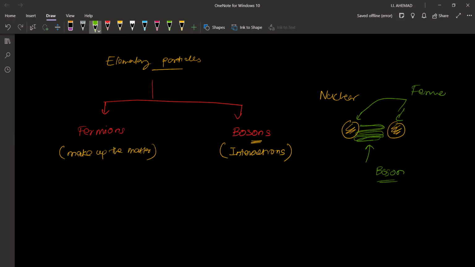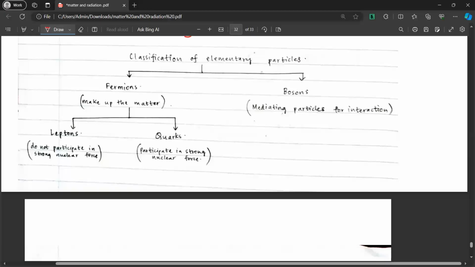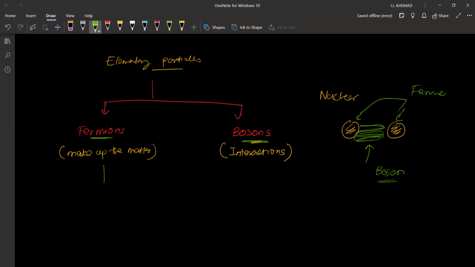So did you get an idea about what fermions and bosons are? What are their duty? Bosons' duty is to interact among the particles, and fermions are the ones who actually make up the particle. And these fermions, we can further classify into leptons and quarks.